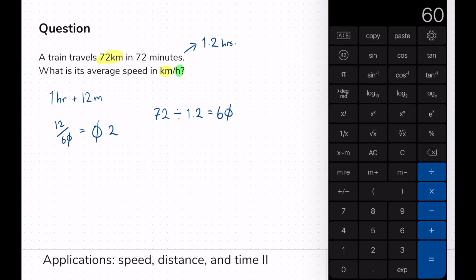So this ends up being 60 kilometers per hour. We converted minutes to hours, and then we moved from how many hours we had down to 1 hour by dividing by 1.2, and then divided the total kilometers by that same number.